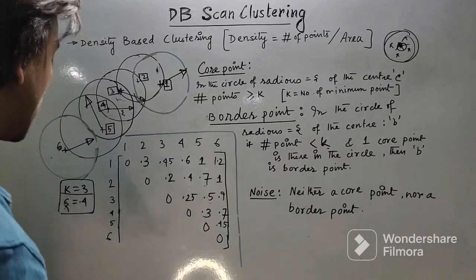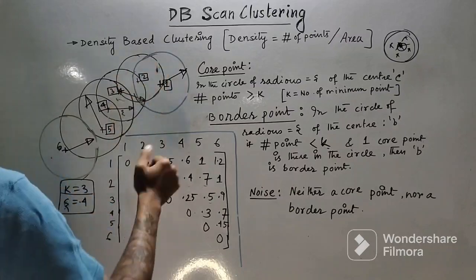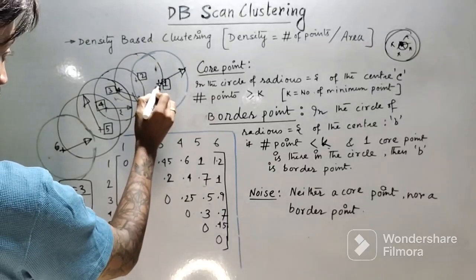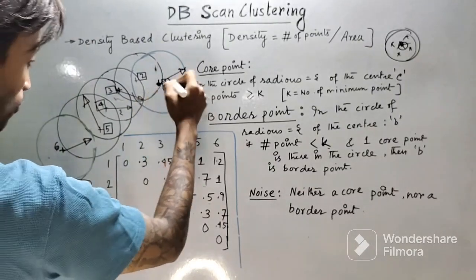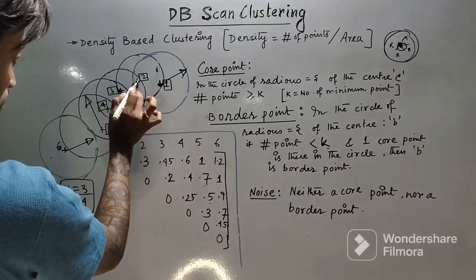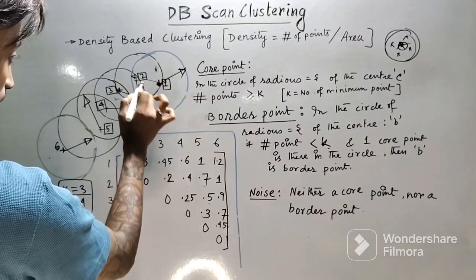From a pictorial view, for 1 you have drawn a circle and 2 is in the circle.